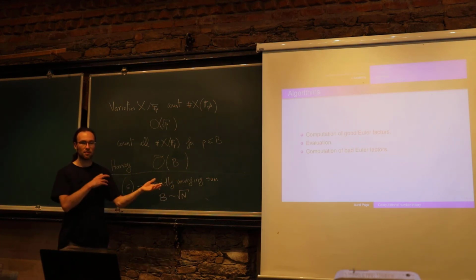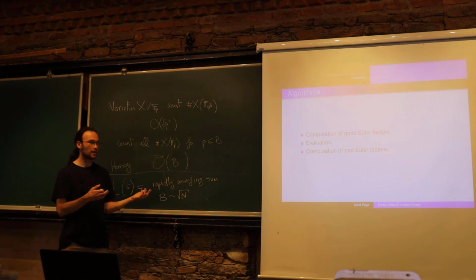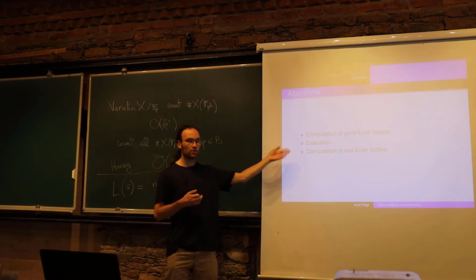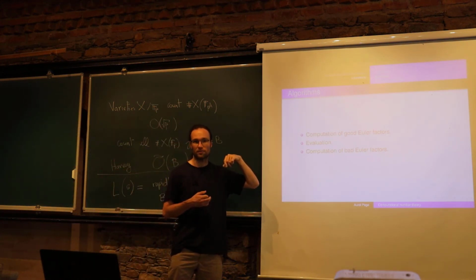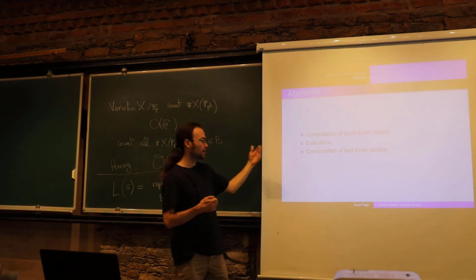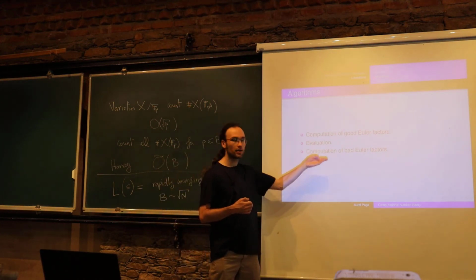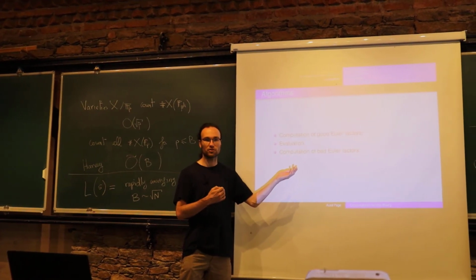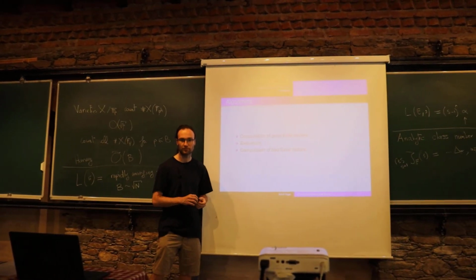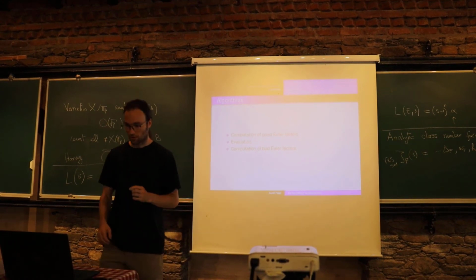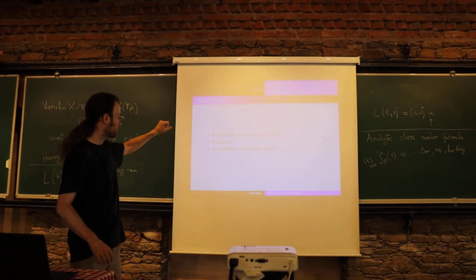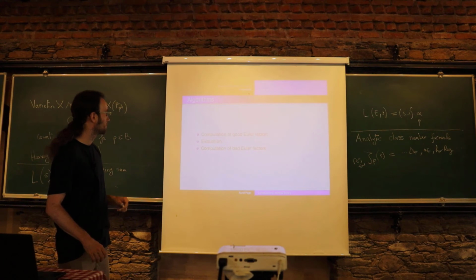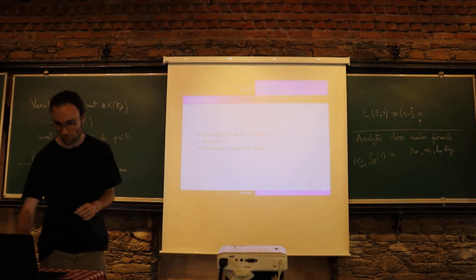That gives you a system. Depending on how you do it, it's either linear or non-linear, but you can solve it and get the missing bad Euler factors this way. So even if you don't have a nice algebraic way of obtaining these bad Euler factors, you can get them from the functional equation.